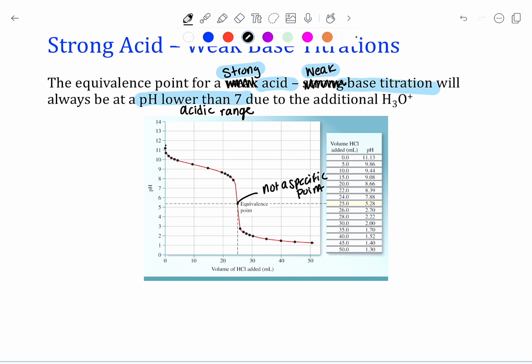Okay, it depends on what the strong acid and the weak base are in that titration. But again, you can think of this since the acid is stronger, it's going to bring that pH down for its equivalence point because it's essentially going to win out over the weak base.